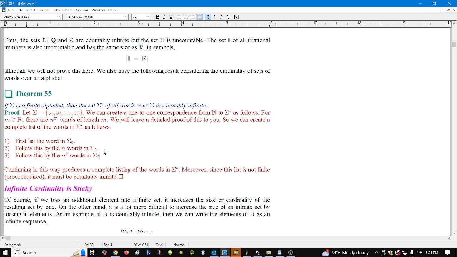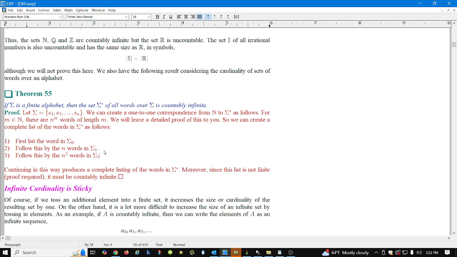And it does require a little bit of discussion. Why is this list not finite? You could argue something like, well, if it was finite, it would have a certain size n. Well, I shouldn't use n. That's taken. Certain size m, and argue that eventually you will have more words in your list than m words, and so the list cannot be finite.